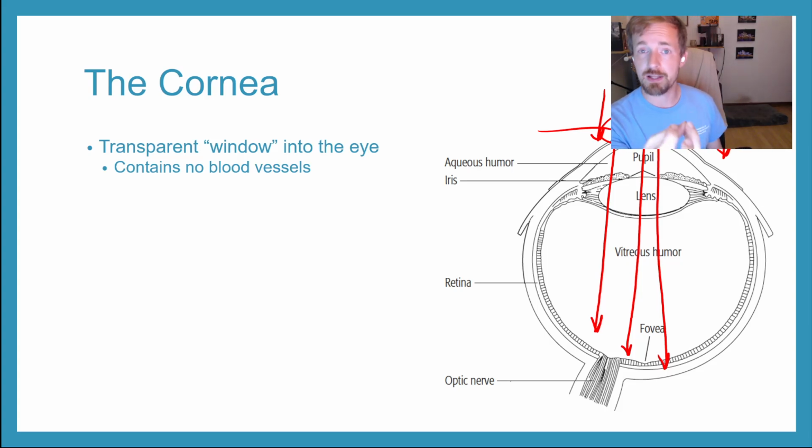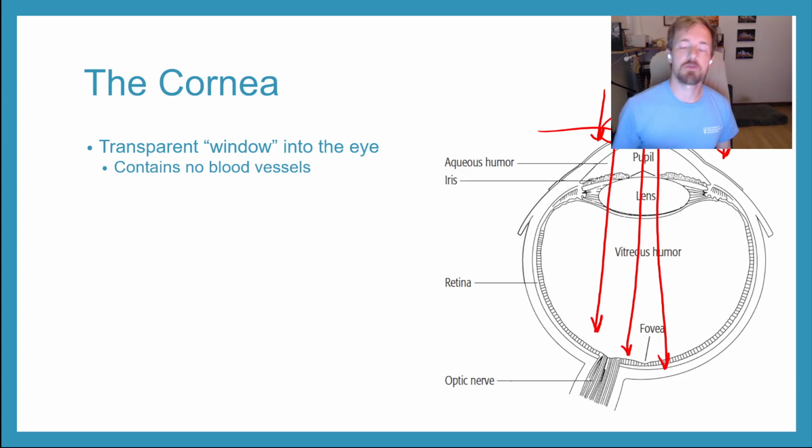The reason why it is transparent is because it has no blood vessels. That's how it's able to be transparent, which also makes it quite sensitive and easy to damage in a long-term way. Because if you were to scratch your cornea, it takes a long time for that part of your body to heal itself because you do not have the advantage of blood vessels to help provide nutrients.